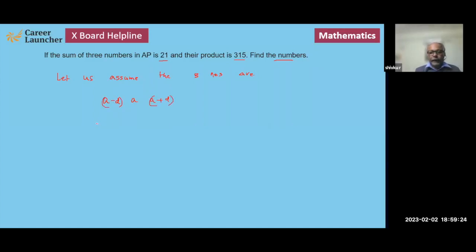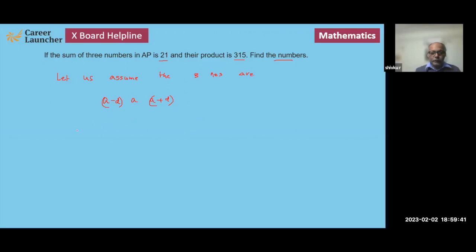So the way I write this is going to make my calculation simpler. मैंने A, A plus D, A plus 2D नहीं लिया है. मैंने A minus D, A और A plus D लिया है. आप देखोगे कि because I have taken it like this, ये जो question है थोड़ा आसान हो जाएगा.